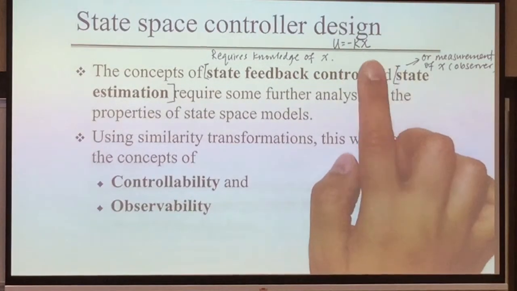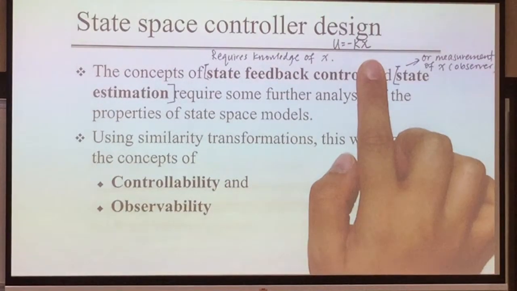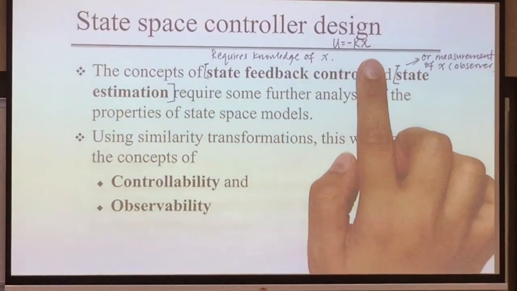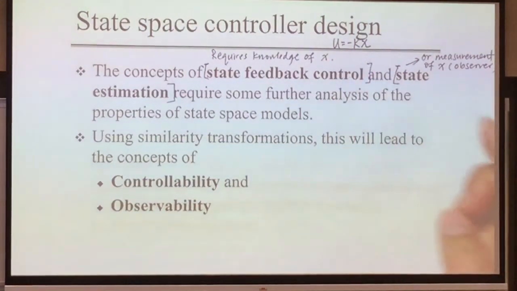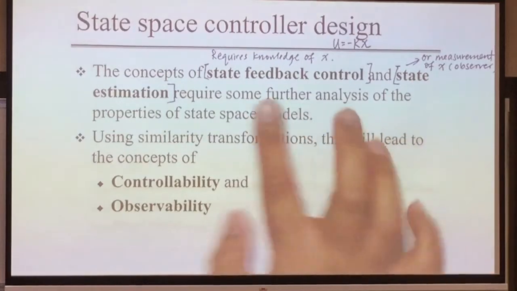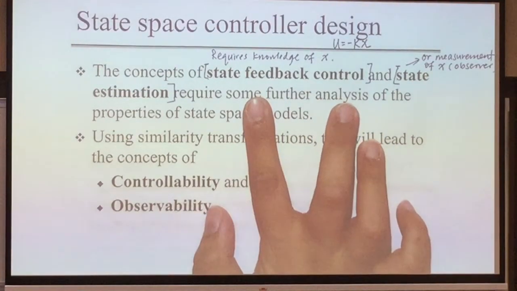But because x can be a 2 by 1 vector, your gain is not a pure gain. K is also a vector, so that this times this will give the scalar u. So this is state feedback control.